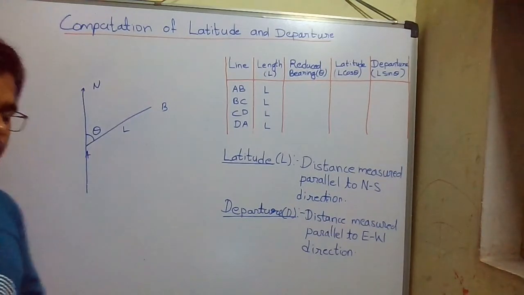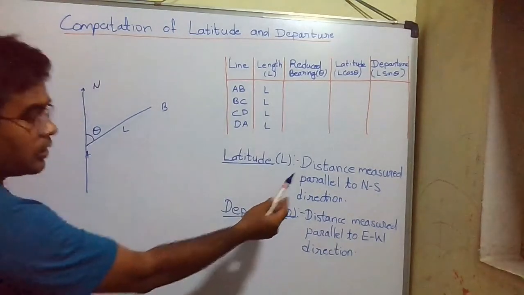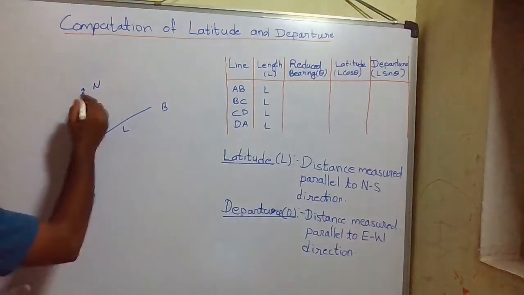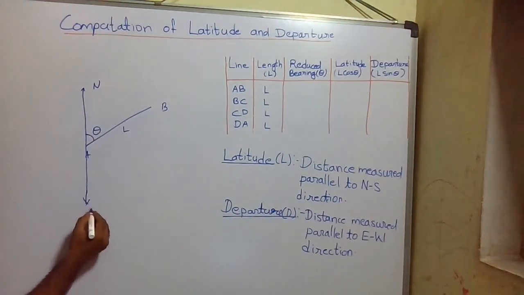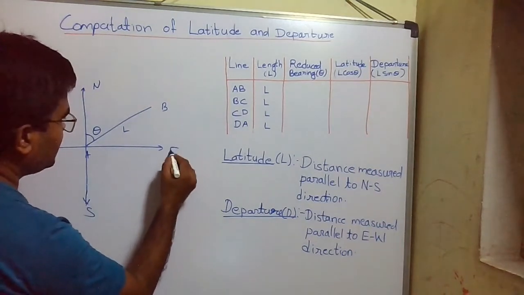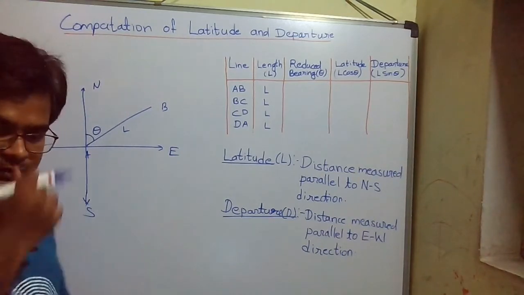So what is its latitude? As per definition, it is the distance of a line measured parallel to the north-south direction. This is north, then this is the south. If this is the east, then this is the west: north-south and east-west.